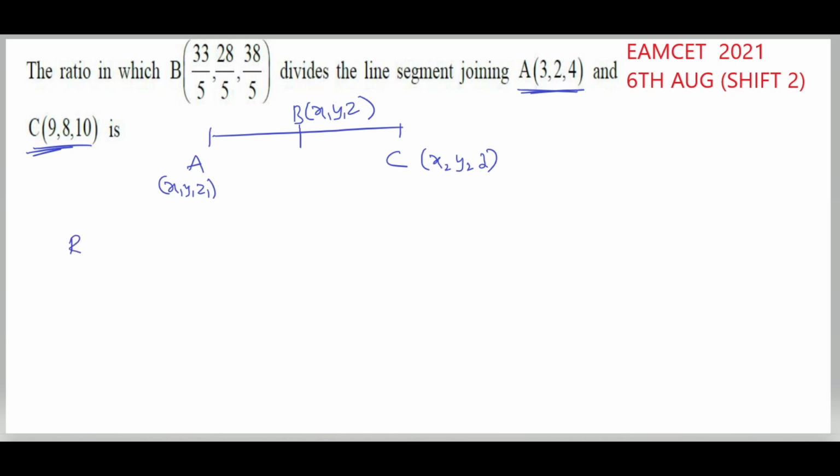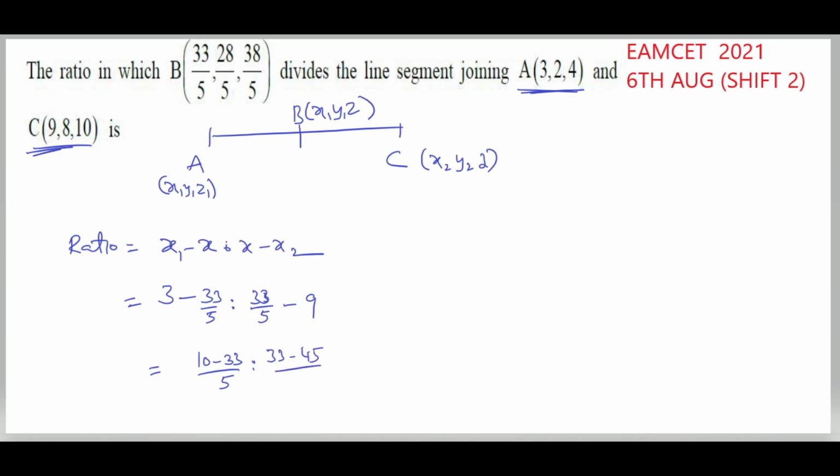The ratio is x1 - x : x - x2. This is the formula. x1 is given as 3, minus x, the B point, that is 33/5, is to 33/5 minus x2, that is 9. That is equal to 10 minus 33/5, is to 33 minus 45 by 5.